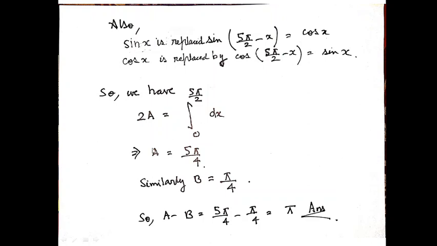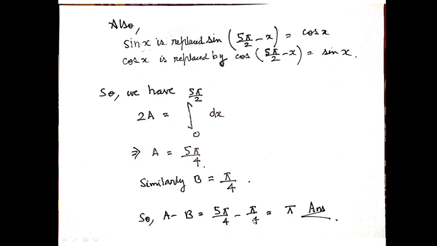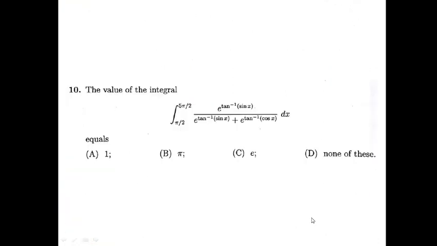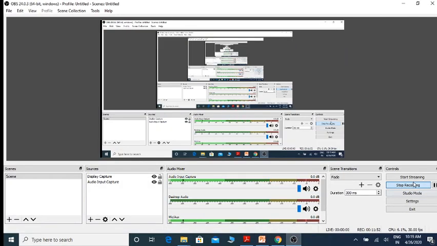So a will be (5 pi by 2 minus 0) into half, or a will be 5 pi by 4. Similarly, if you calculate for b, it will be pi by 4. So a minus b, that was our aim, comes out to be 5 pi by 4 minus pi by 4, that is pi, and so our answer will be B. So thank you, this was the answer.